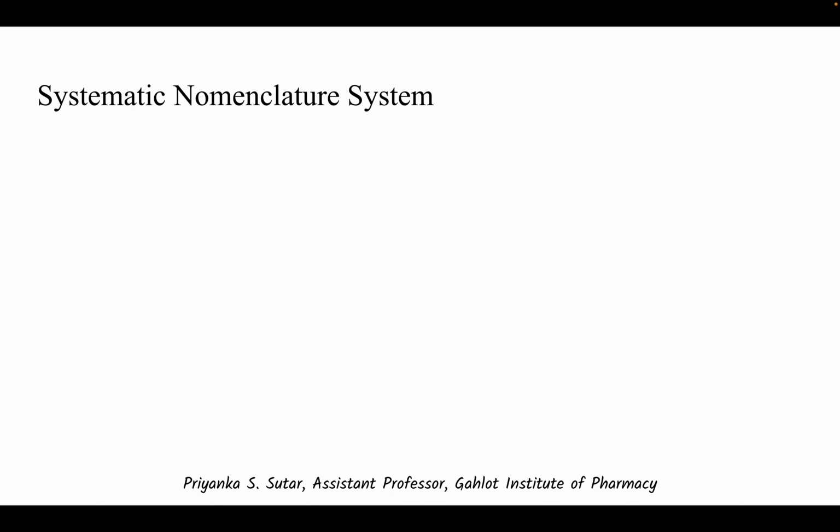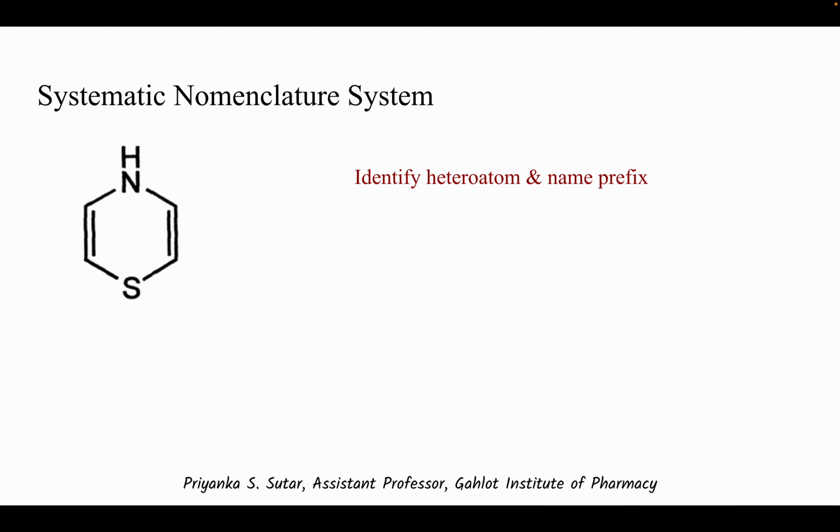Moving on to the next example. Again, same questionnaire. Identify the heteroatom and name the prefix for this. You refer to table number 1. What are the heteroatoms? Nitrogen and sulfur. So the prefixes are aza and thia. Again, refer to table number 1 for the preferential order OSN.